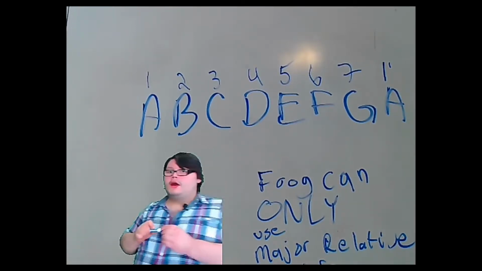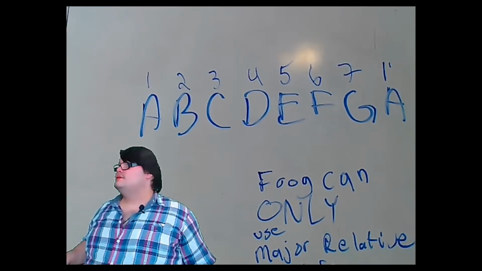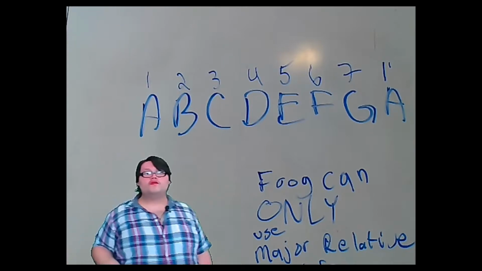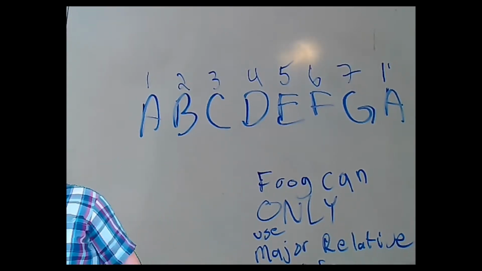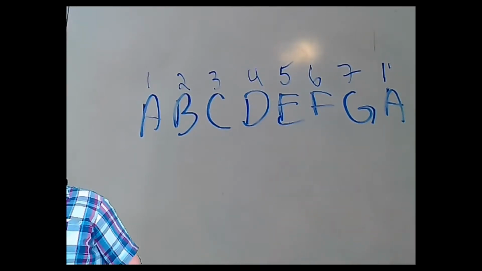That is the other part of this game. Frog can only use major relative info, and 0.5 moves or half moves are illegal. So, we can start plotting information already.